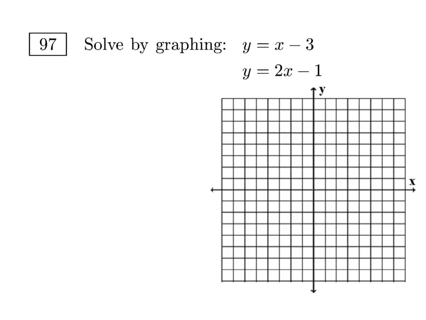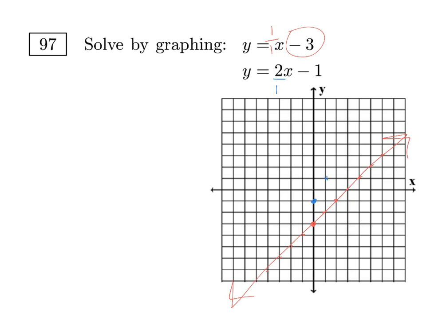All right, solved by graphing. Here I have 1 over 1 for the slope. Y-intercept is -3. Then 1 over 1, so up 1. Applying my slope. Alrighty. And then I have 2 over 1, and then -1 as my y-intercept.